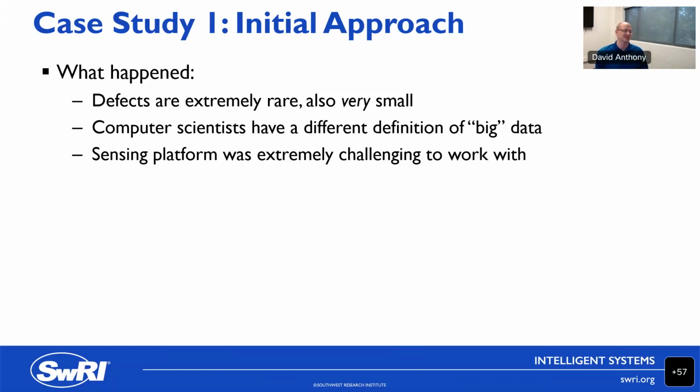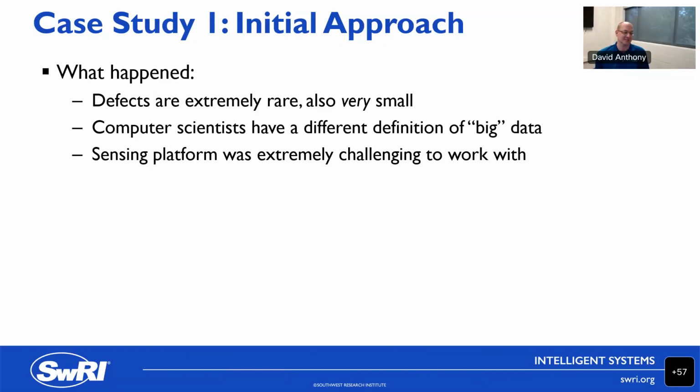That also leads me to the second point, which is that computer scientists have this vague notion of working with big data. Depending on what domain you're in, big data means a lot of different things. As you move into the real world and do multidisciplinary research, you find out that you have to speak the language of whoever you're working with.